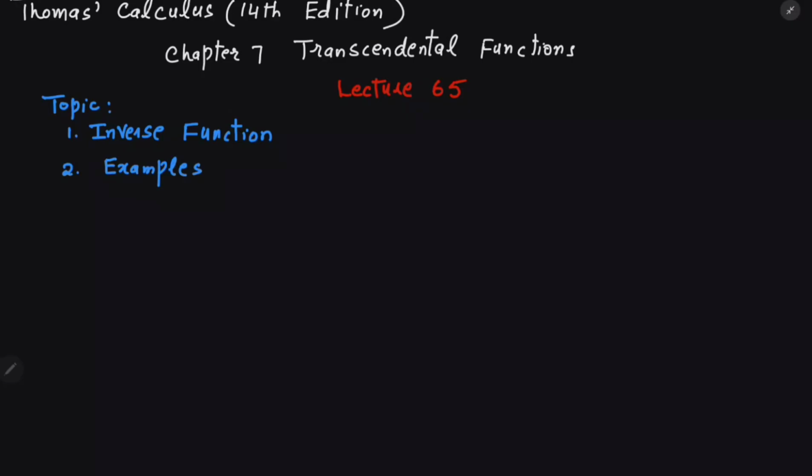If we have 2, the reciprocal of that 2 is 1 by 2, which makes the answer 1, which means that these two reverse the effect of each other.